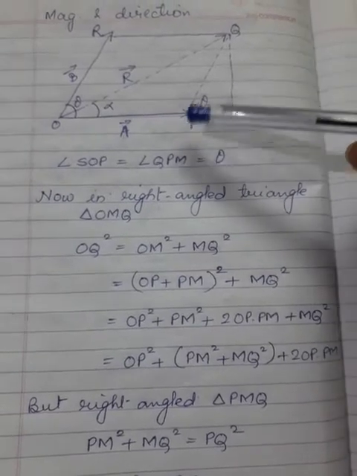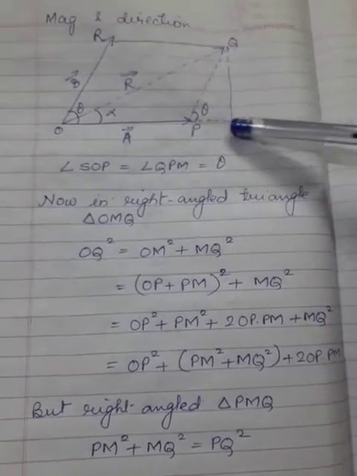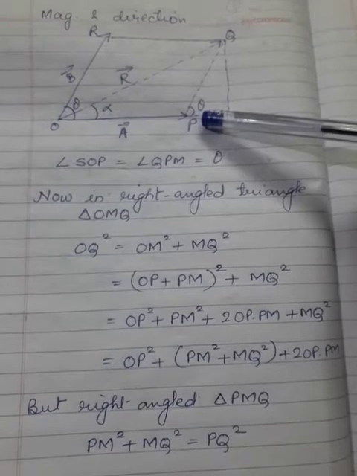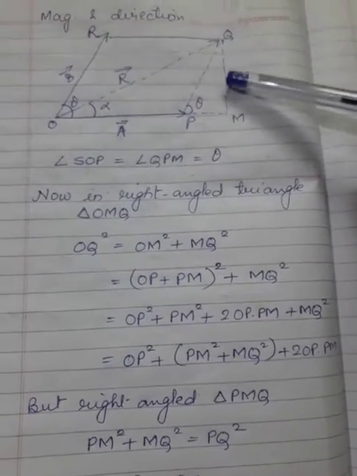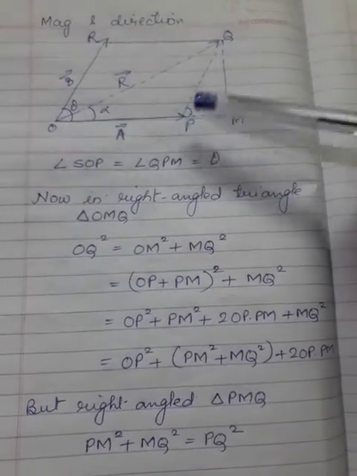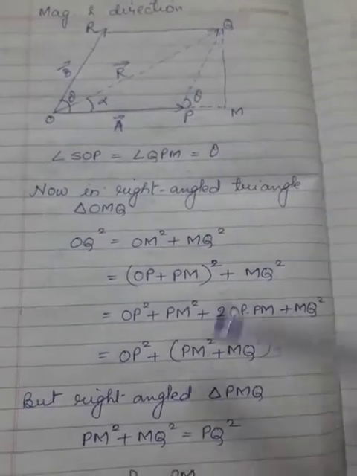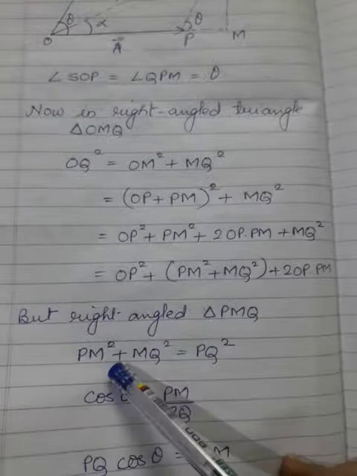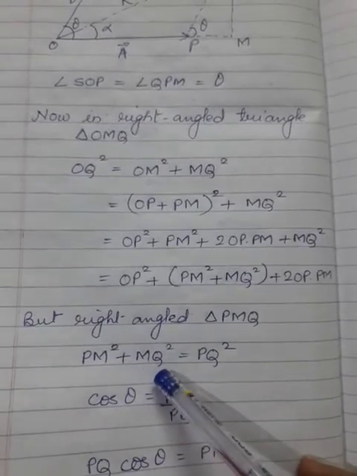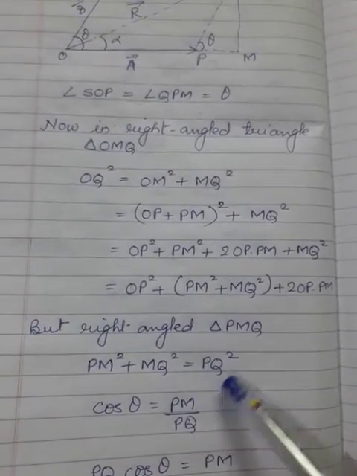Now, again considering a smaller triangle which is outside this parallelogram, perpendicular square plus base square is equal to hypotenuse square. That means PM square plus MQ square is equal to PQ square.